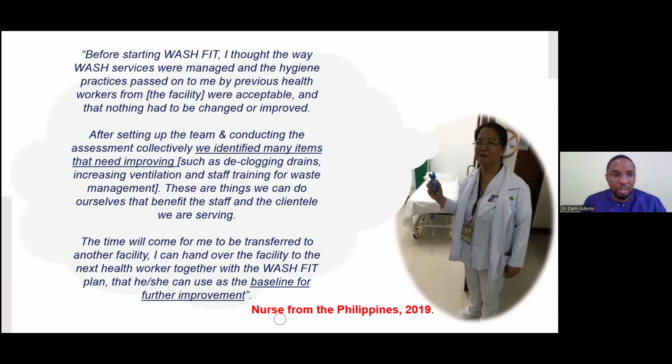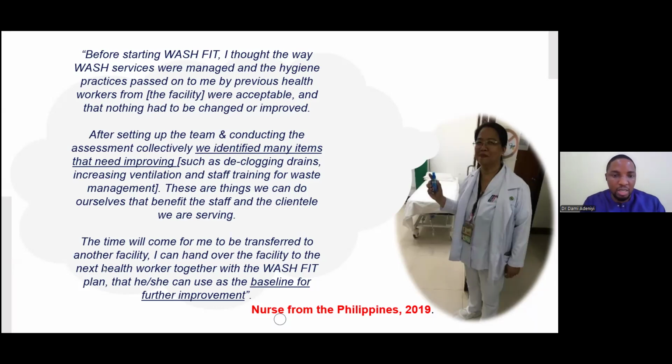After setting up the team and conducting the assessment collectively, we identified many items that needed improvement, such as the clogging of drains, increasing ventilation, staff training, amongst others. These are things we can do ourselves that benefit the staff and the clientele we are serving. Then she goes on to say, the time will come for me to be transferred to another facility.